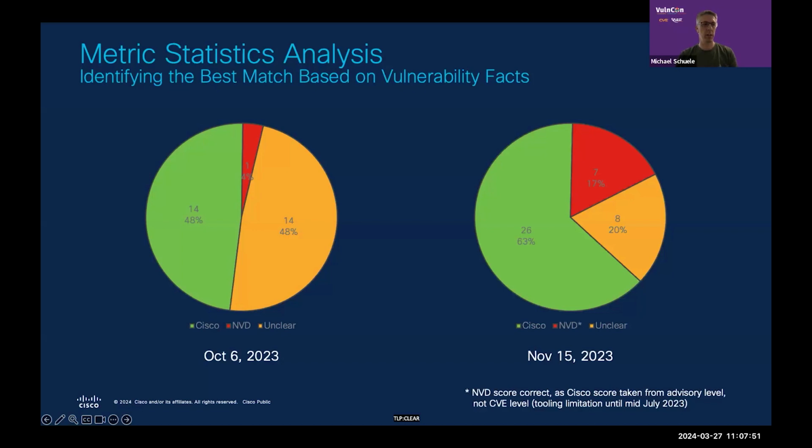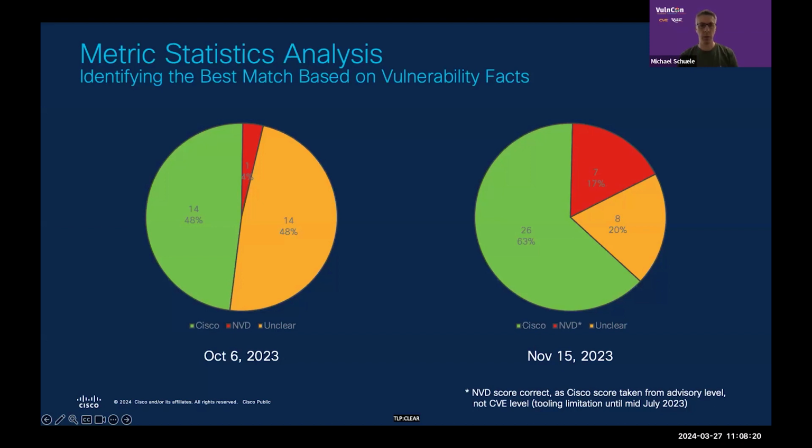Then for the second chunk, it was also a big part where it was clear either way or the other. And the large amount of incorrect Cisco metrics was due to the tooling limitation that we had until mid of last year, where we introduced a new concept where we disclosed multiple vulnerabilities as part of a single advisory.